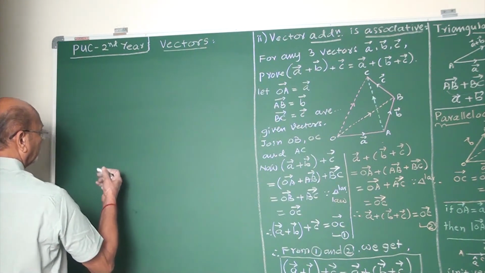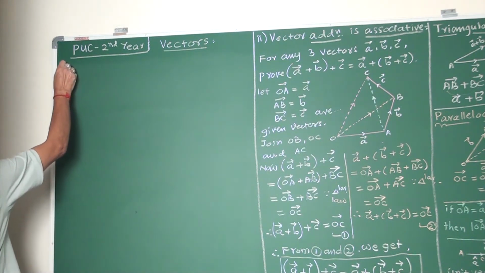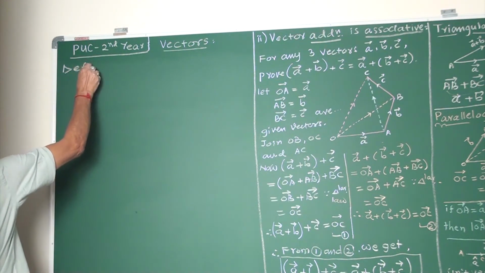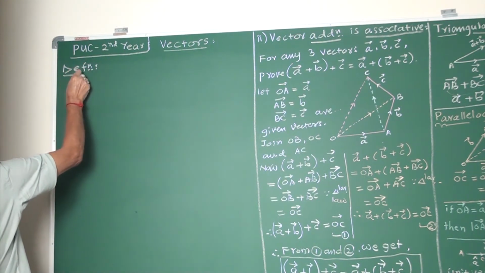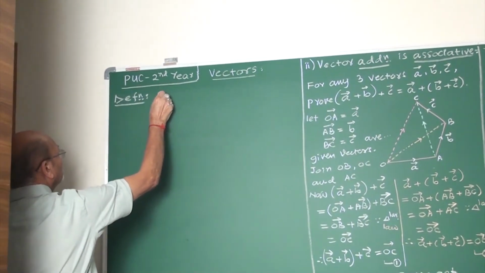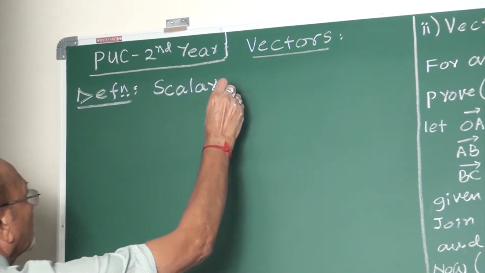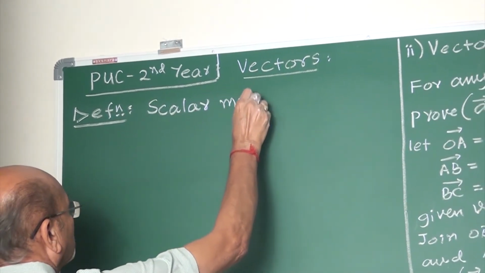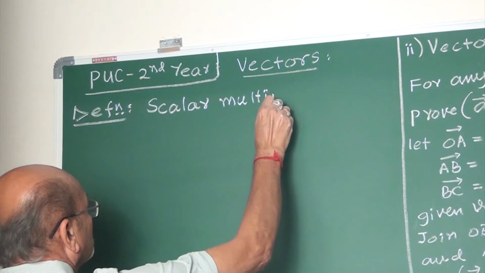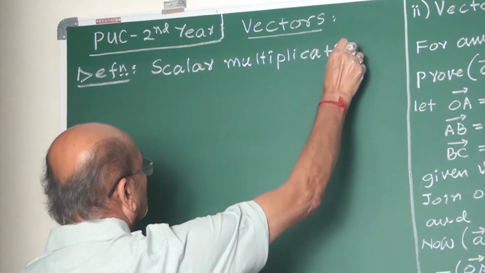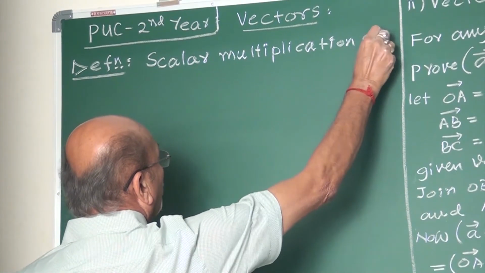Next definition, my friends. Definition now: scalar multiplication of a vector.